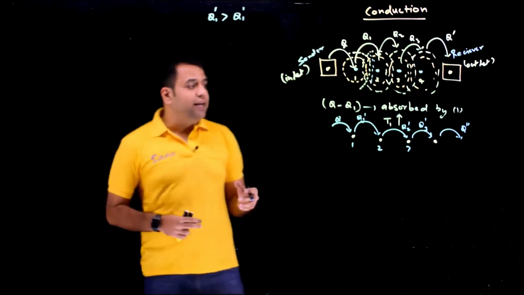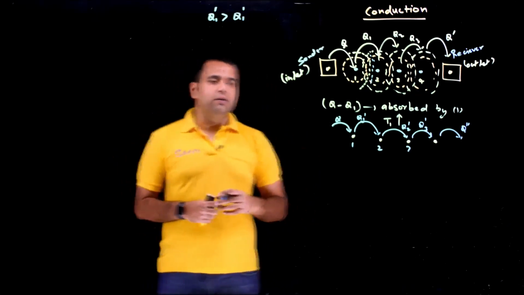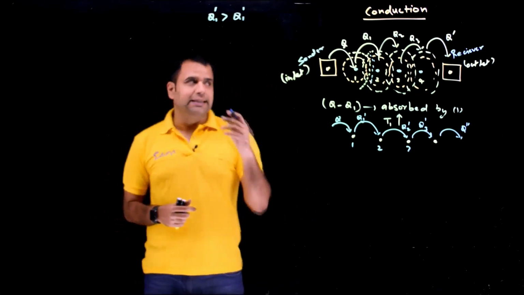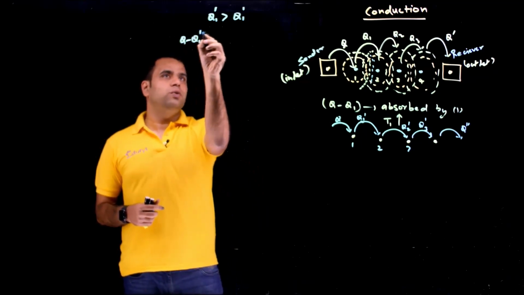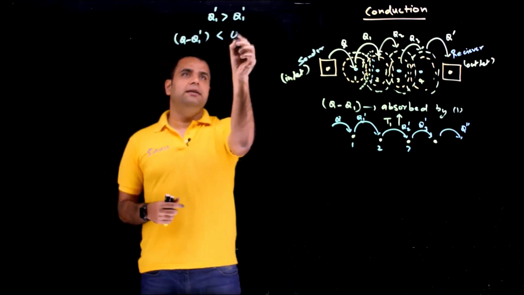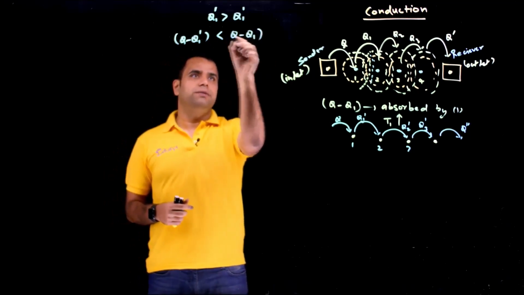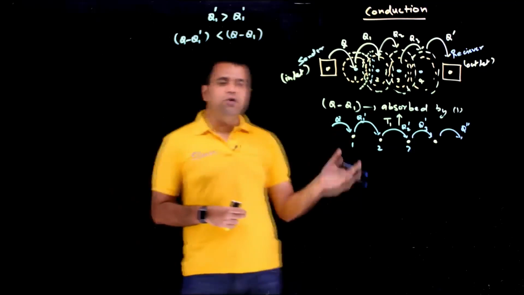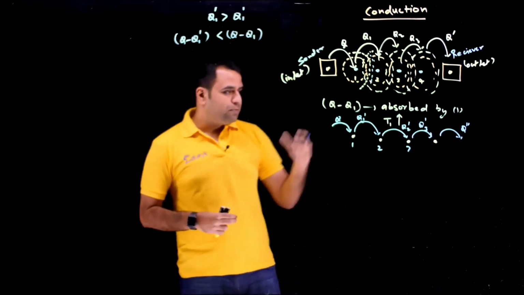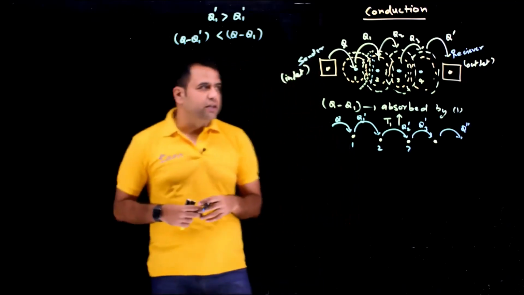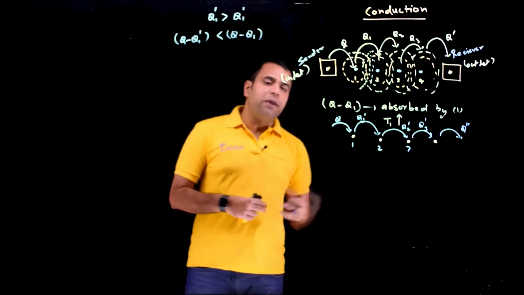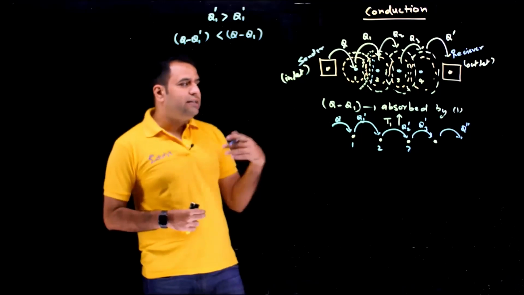So the amount of heat absorbed by particle 1 the second time, which is Q minus Q1 dash, will be less than Q minus Q1. And the same will be for particle 2. This time particle 2 will absorb less heat. So each and every particle will absorb less heat the second time.